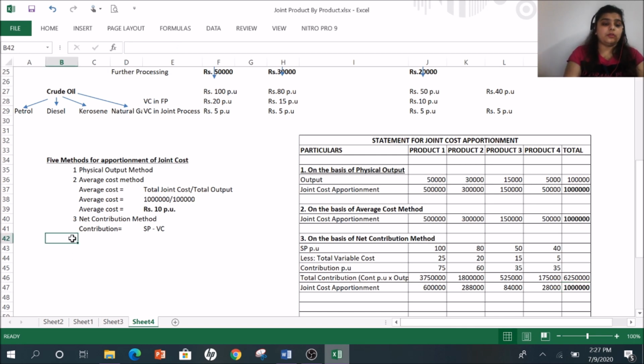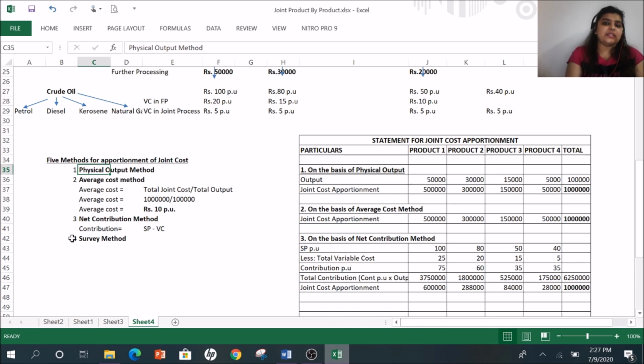Now going to the fourth method, that is the survey method. This is generally a theoretical method under which we distribute our joint cost.